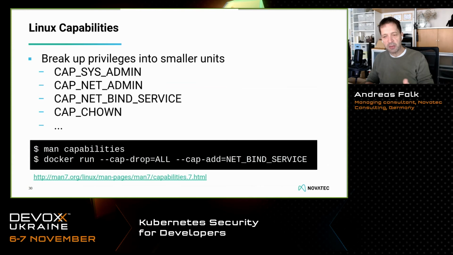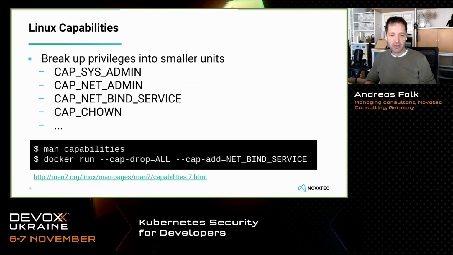In that case, net bind service is a very important capability because it makes it possible to bind to a port below 1024. As you might know, all ports up to 1024 are privileged ports that a standard user is not allowed to bind to.